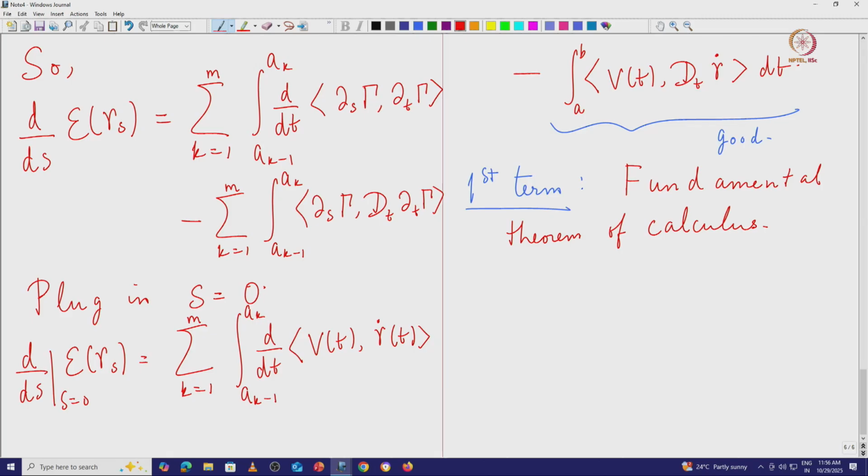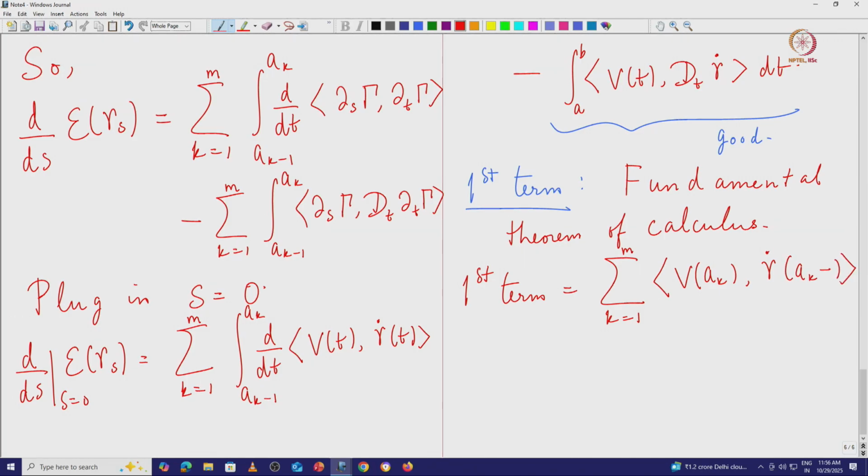Right. So the first term is equal to the summation k going from 1 to m of v of ak times gamma dot of ak from the left.